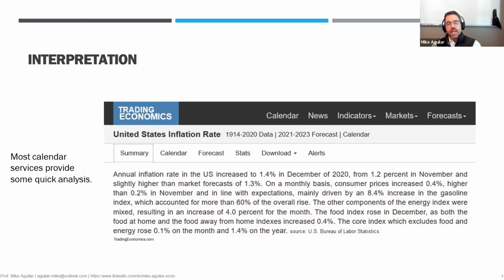One of the nice things about Trading Economics, though not only Trading Economics, is they give you some quick analysis. I took a screenshot here of that indicator we were talking about before, and it gives you a textual interpretation of what happened. You have to dig deeper, but at a quick read, it tells you a little bit about not just the number, but what's behind the scenes. And that's what's going to be critical here.